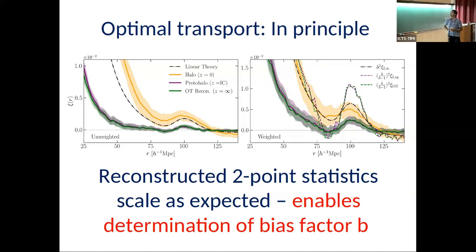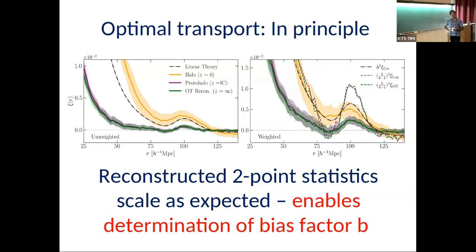What you can see is that the purple and the green are in great agreement, but they're quite different from linear theory. The good news is they're sharper than linear theory, so it's a sharper peak to look for in the reconstructed data. But it's not the linear theory shape.